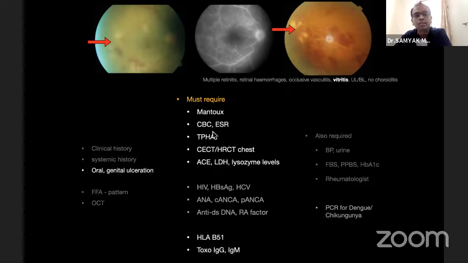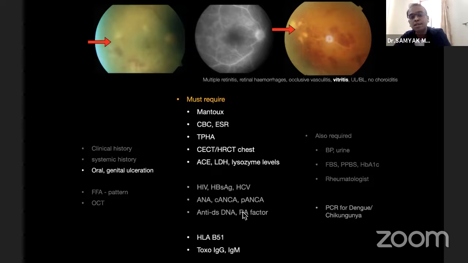In this case, a classical history of oral or genital ulceration and hypopyon in the anterior chamber can be quite leading to the diagnosis of Behçet's disease. However, you need to rule out TB or sarcoid in such cases because you can have overlapping symptoms. You need to involve a rheumatologist or an internist because other things can be evaluated from that perspective.